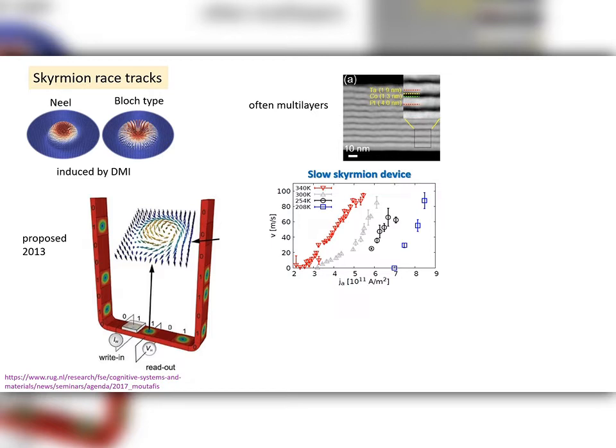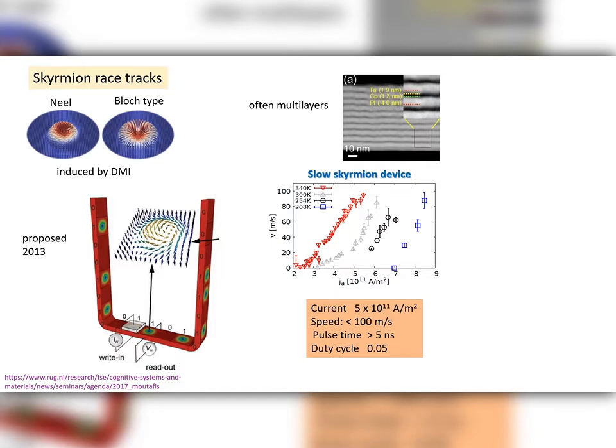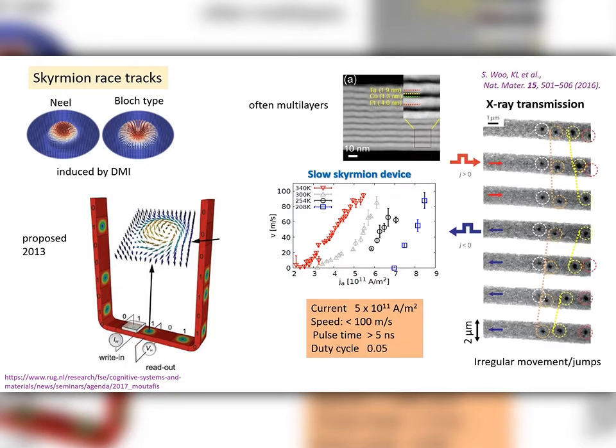The threshold current is strongly temperature dependent, because these high currents will heat up your system immediately. You see here moderate current densities, extremely low speed. The pulse times have to be very long. That's why the duty cycle is 5%.